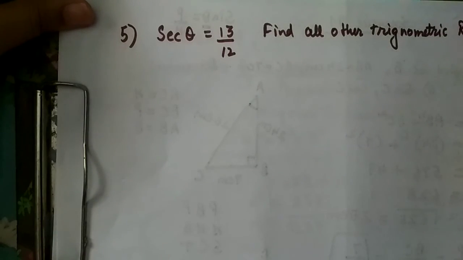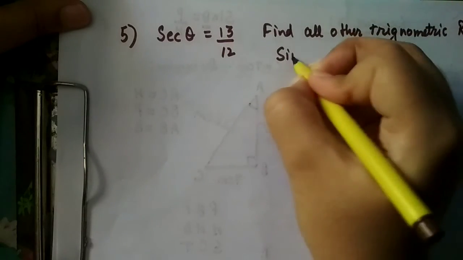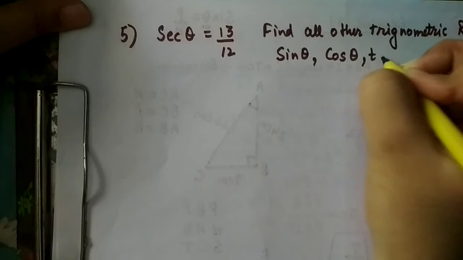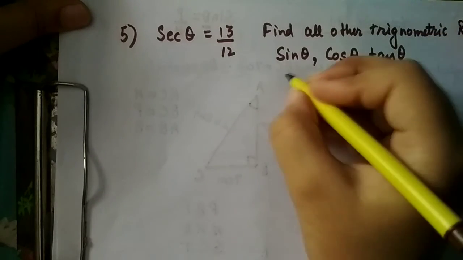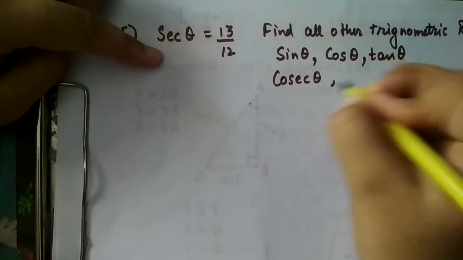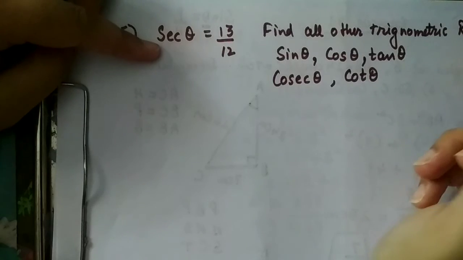Now there are 6 trigonometric ratios, so we need to find 5 more. What are the ratios? Sine theta, cos theta, tan theta, cosecant theta, secant theta is given, and cot theta. We need to find these 5 trigonometric ratios.